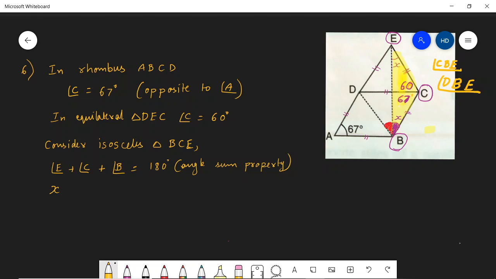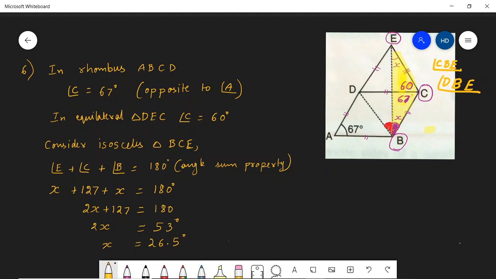Angle E is x, plus angle C is 60 plus 67, which is 127, plus angle B is x, equals 180 degrees. x plus x gives me 2x plus 127 equals 180. 2x is equal to 180 minus 127, which is 53 degrees, and x is 53 by 2, which is 26.5 degrees.